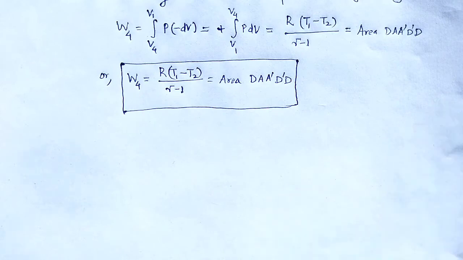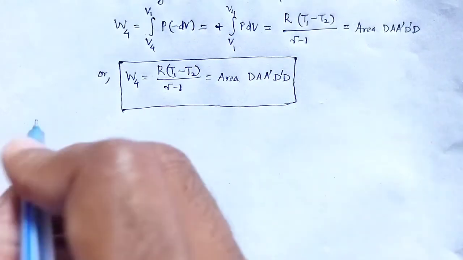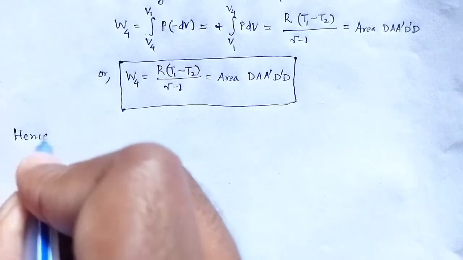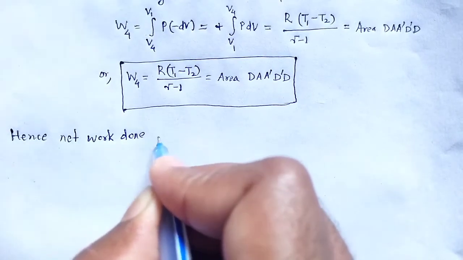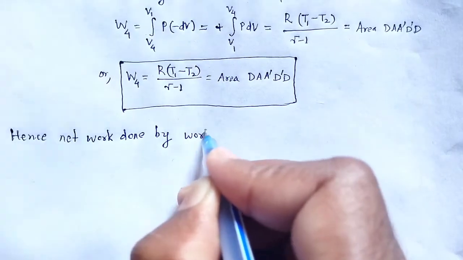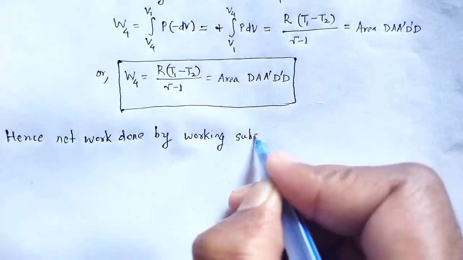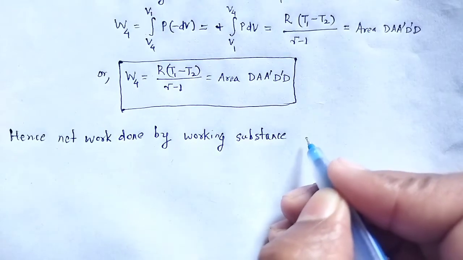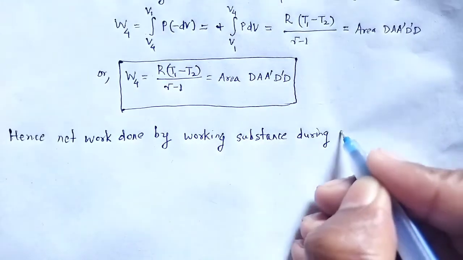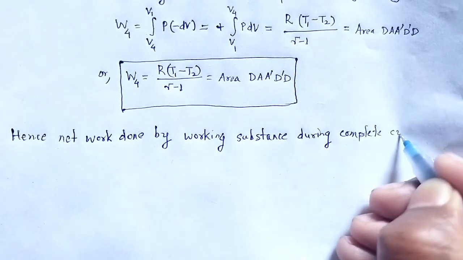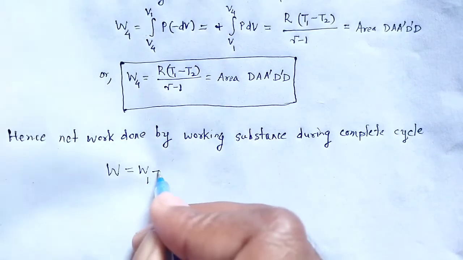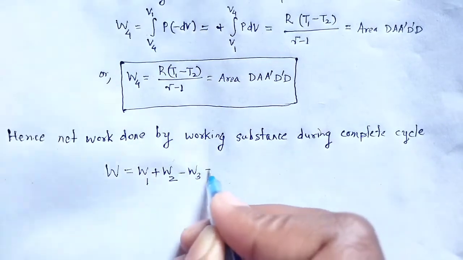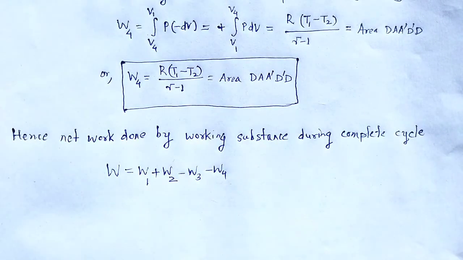So overall, using this sign convention for work done and heat, we write the net work done by the working substance during the complete cycle, that is W, the total work done, which is W1 plus W2 minus W3 minus W4 according to the sign convention.